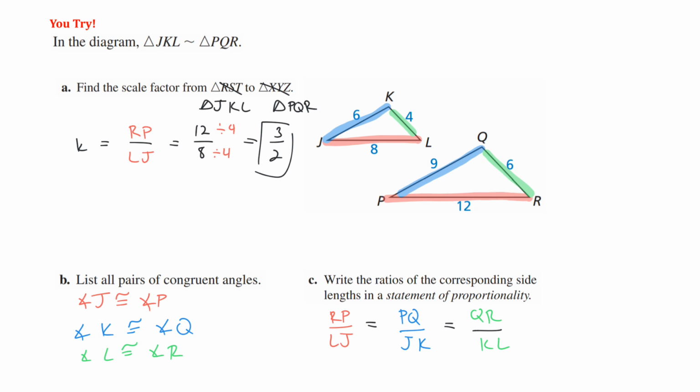Second thing to note is to make sure that, again, all of the sides down in your statement of proportionality come from triangle PQR. These might be a little bit out of order. For example, this fraction right here might be in the middle. This fraction right here might be on the side. But regardless, so long as the numerator and denominator are correct, you are good to go.